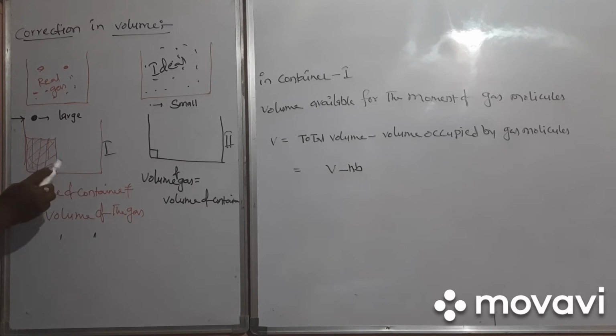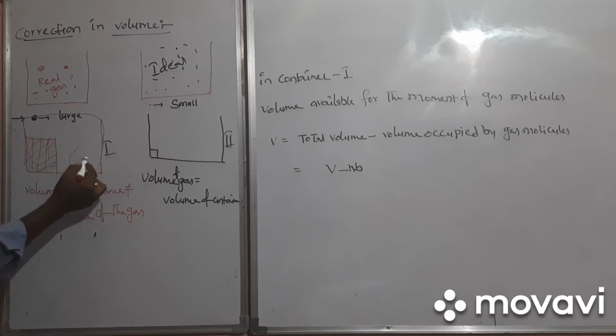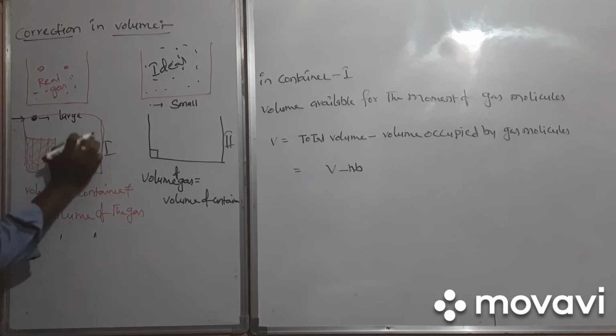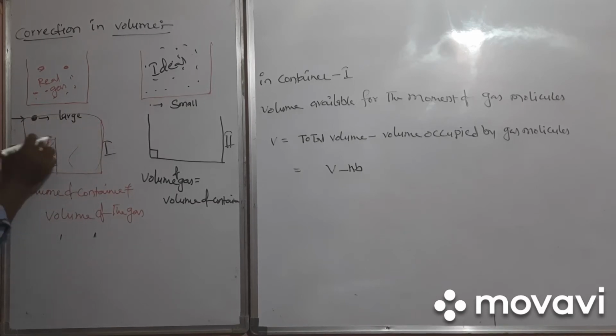The empty area is available for the real gas molecules to move, so to get this volume we have to subtract this volume from the total volume.